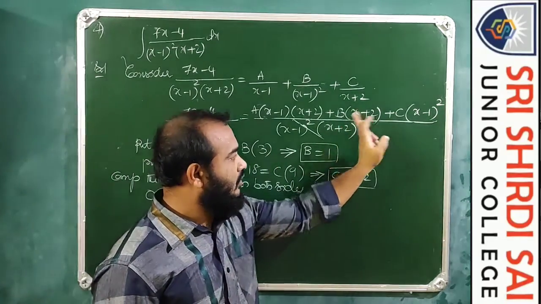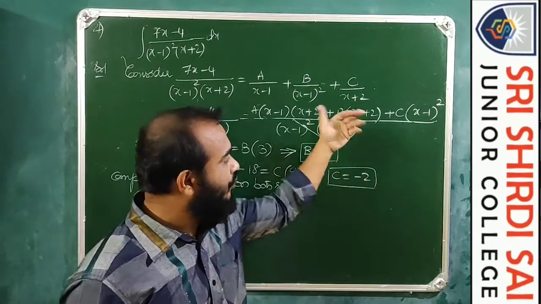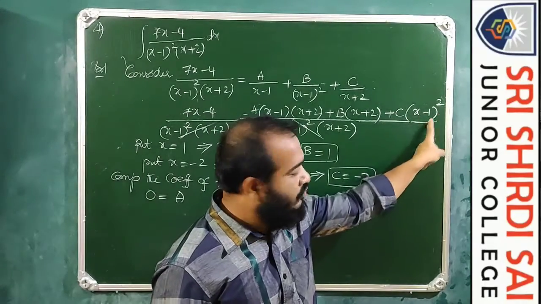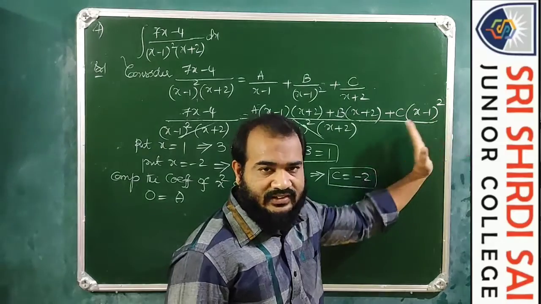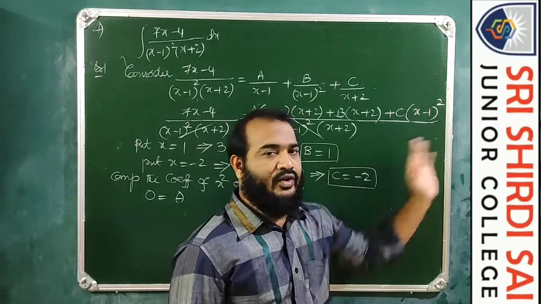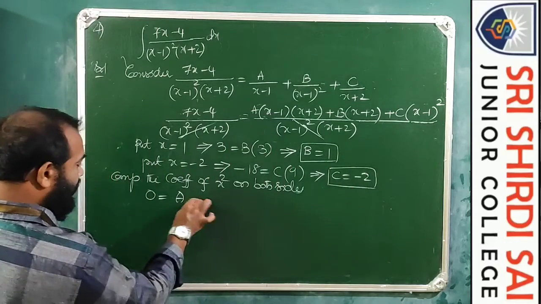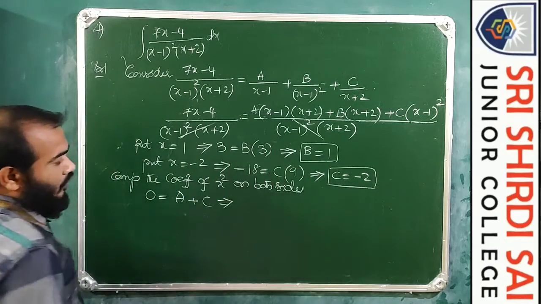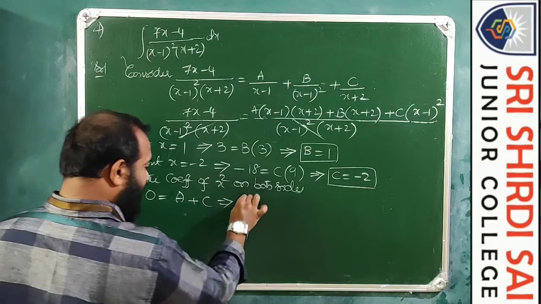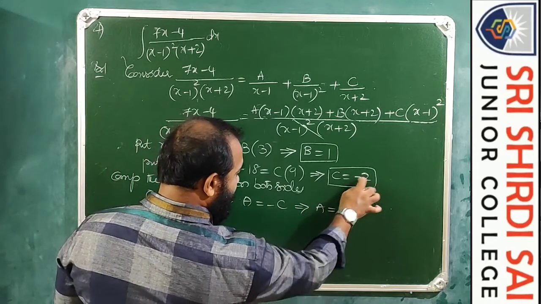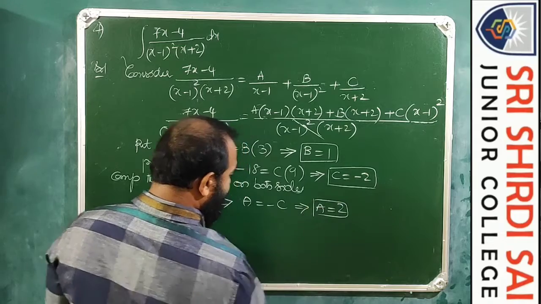Here also only x and constants, so we ignore them. (x - 1)^2 is x^2 - 2x + 1, and -2x + 1 is the x coefficient and constant, so we ignore them. So the x^2 coefficient is C here. So A = -C, so A = -(-2) = 2.